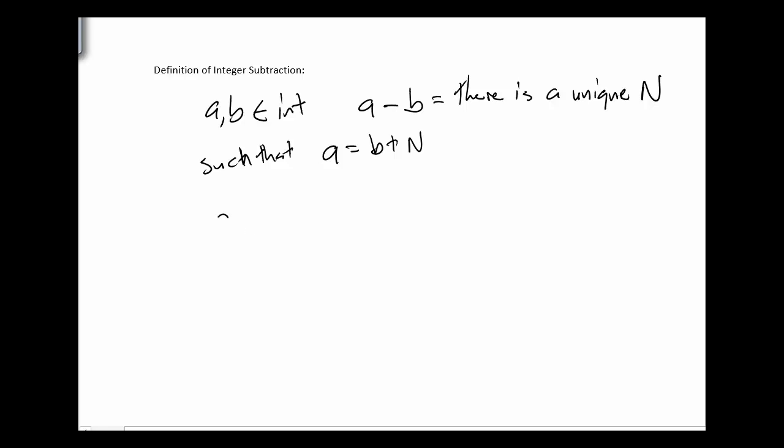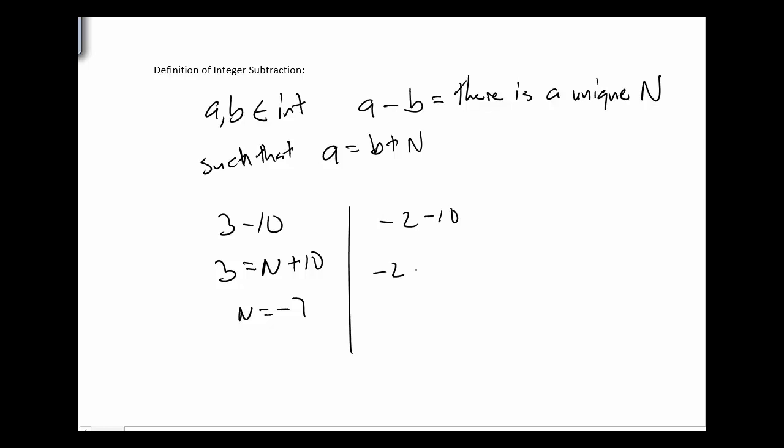Okay, so in other words, take something like 3 minus 10. What I can rewrite that as is that there is a number n such that n plus 10 would happen to give us 3, and that n would be negative 7. Negative 2 minus 10, let's do that one.